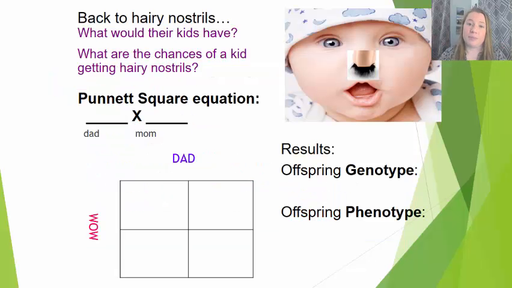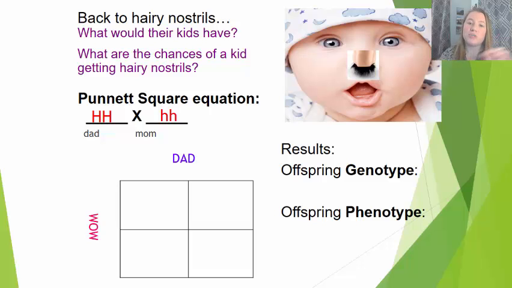Let's look at our hairy nostril example again. So if we had a dad that is homozygous dominant and a mom that is homozygous recessive, what would their kids have in terms of nostril hair? Well, we start again with the equation, writing the dad genotype times the mom genotype.